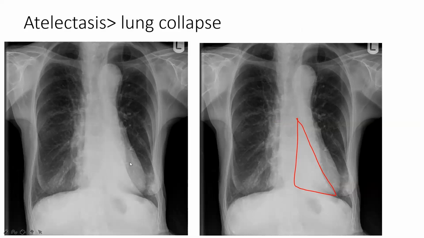This is the collapse of the left lower lobe. When this happens, usually we get an area of increased density around it. We also get something called the sail sign, which is a triangular shape that gives the impression that we've got two heart borders. If you see this triangular shape, the sail sign, that is indicative of atelectasis of the left lower lobe.